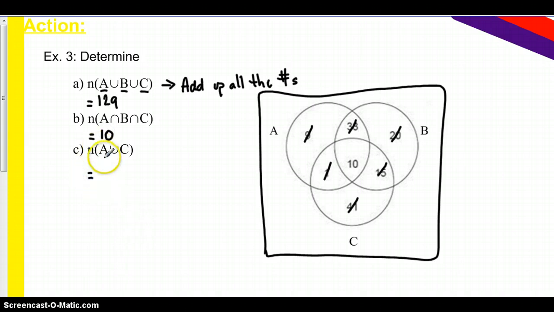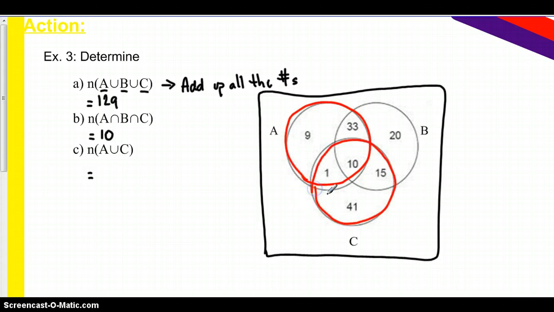And lastly, the number of elements in A or C, so either A or C. If you have the luxury of being able to circle your sets, you can think of this as the two circles. So here is A, and here is C. So you can ignore B completely at the moment because this only concerns set A and C. And now we can see that in the middle there are a total of 11 elements in the intersection.